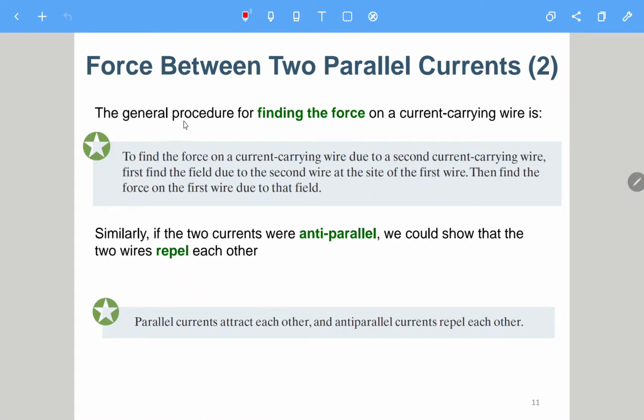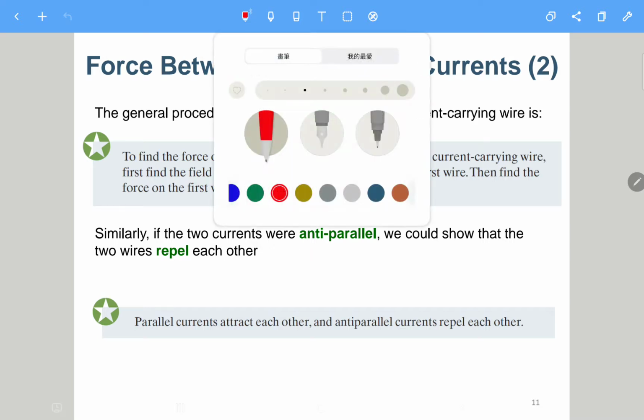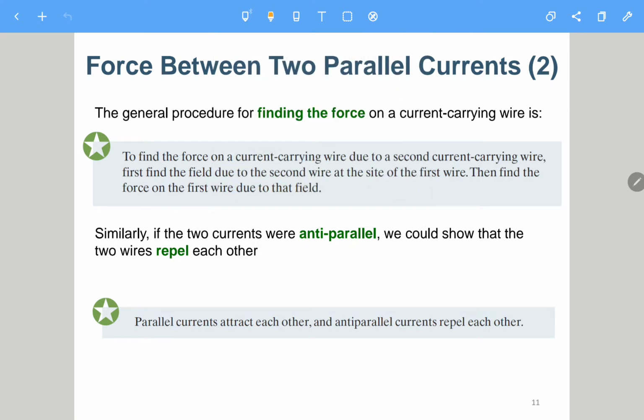Okay, so here it says the general procedure for finding the force on the current wire is that you have to find the force on the current wire due to the second current wire. So this is the way for the parallel current, parallel current in the same direction, and this is the case for the parallel current with opposite direction, which we call anti-parallel.